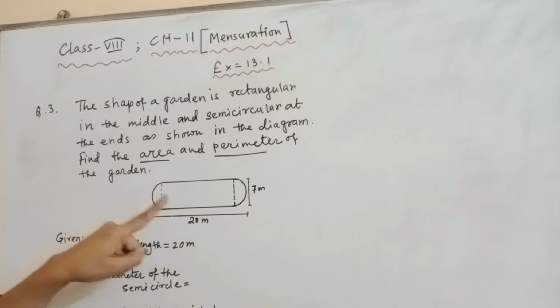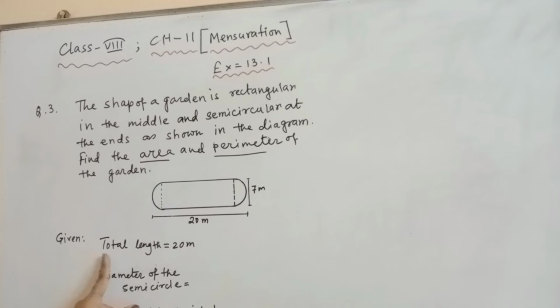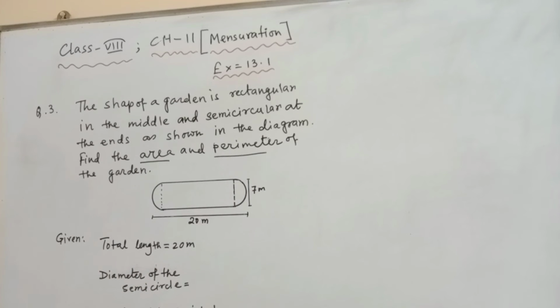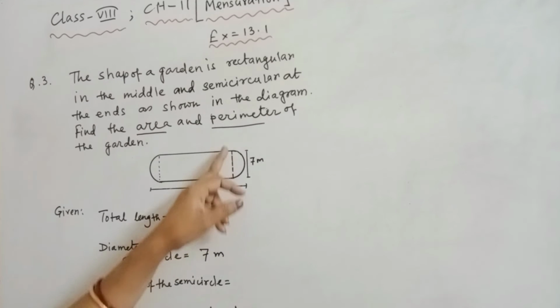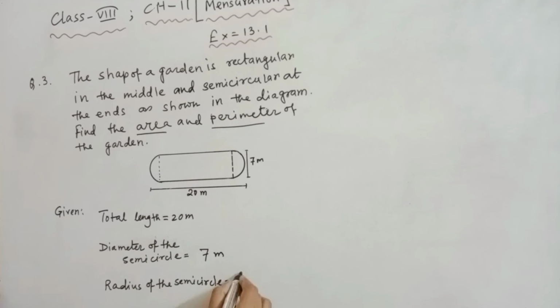Now from this question and the diagram what can we get? Diameter of the semicircle is 7 meter. Radius of the semicircle: if the diameter is 7 meter, then the radius will be 7 by 2 meter.